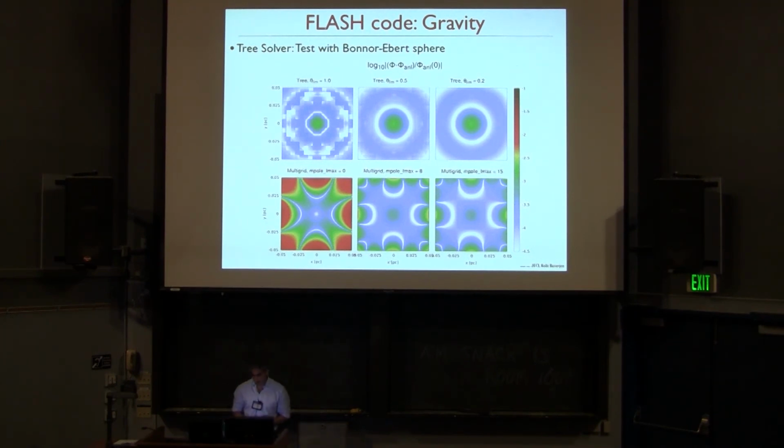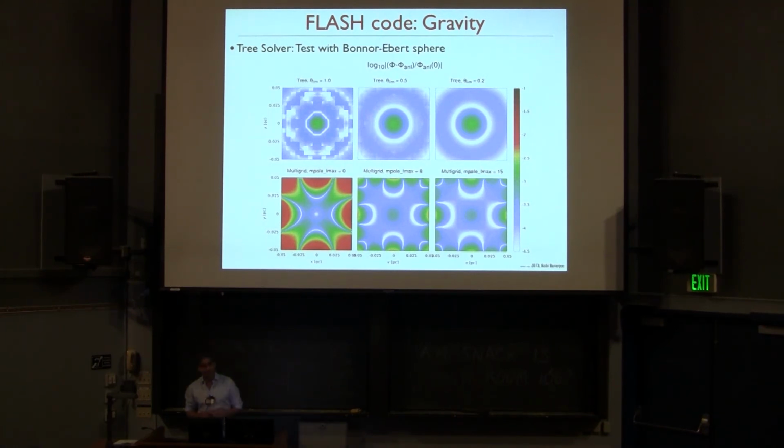And here's a comparison of what is called a Bonner-Ebert sphere, a hydrostatic sphere which has a certain density profile. He compared this with different solvers here. All the blue region and even the green region goes up to a percentage level of an error.